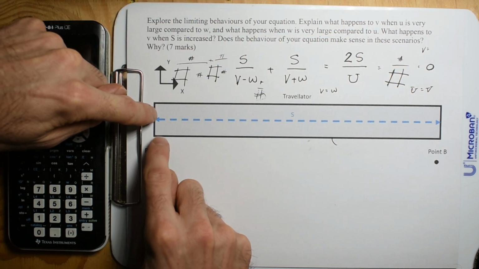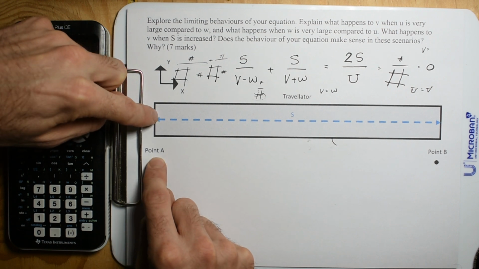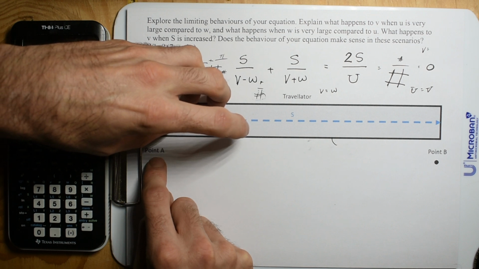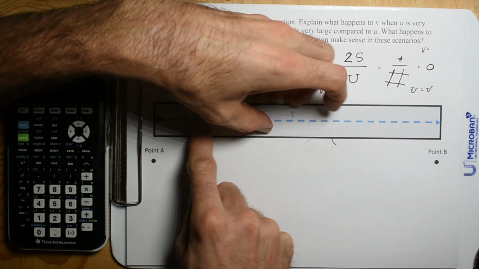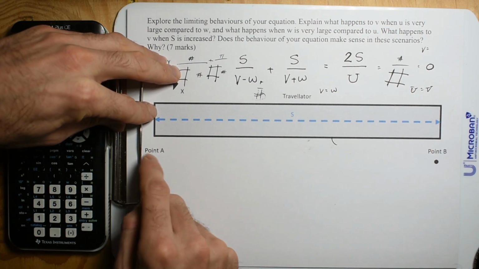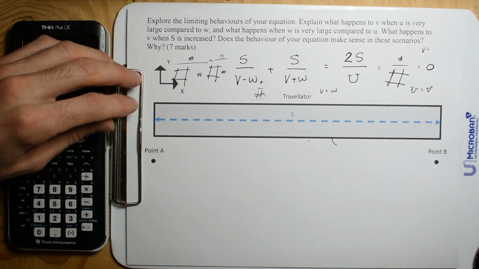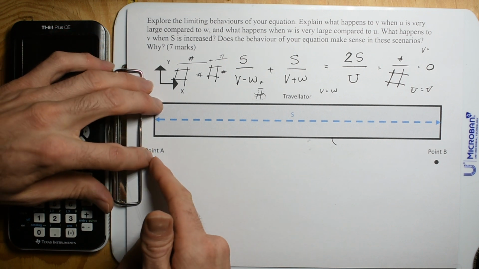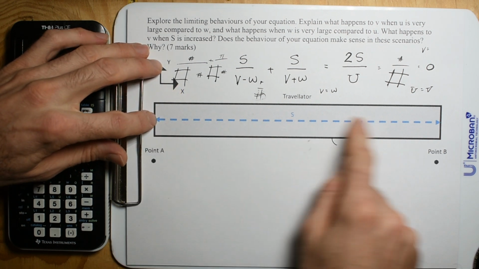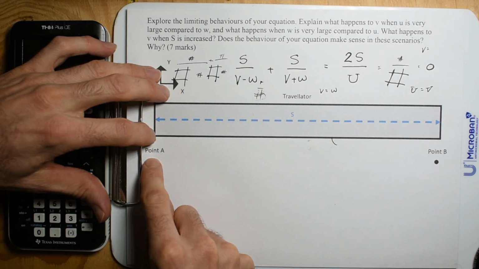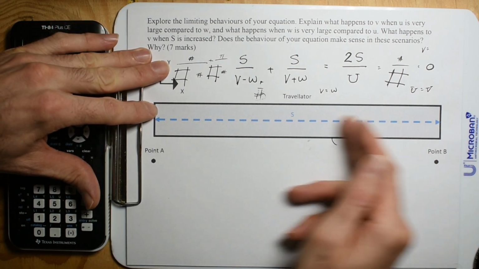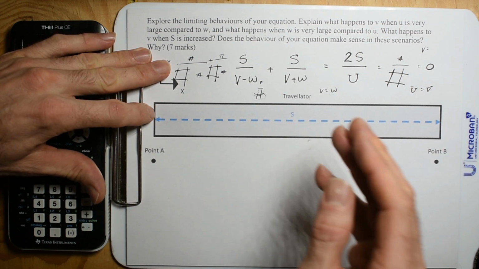So what this means is if the travelator speed is really high, Malachi has to move basically the same speed as the travelator, just a little bit faster, to make sure that he uses all 19 seconds to get to this end, and then that last second to get all the way back. And we just did it with a scenario where the group took 20 seconds. You could say the group takes 100 seconds, and within 1 second, Malachi is going to go that distance because the travelator is really fast.